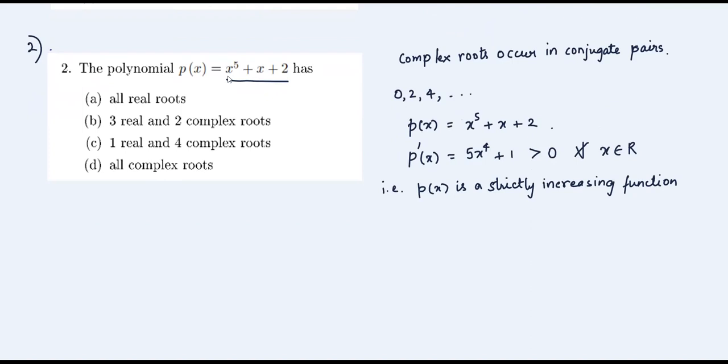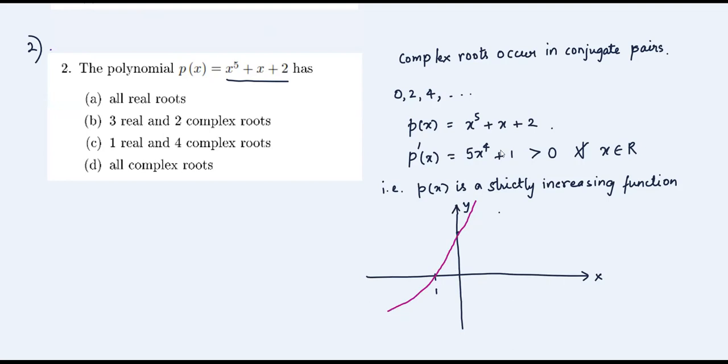By inspection, x equal to -1 is the root. It's -1 plus 2... I have directly found the root by inspection, just my guess. And at x equal to 0, the function value is 2.